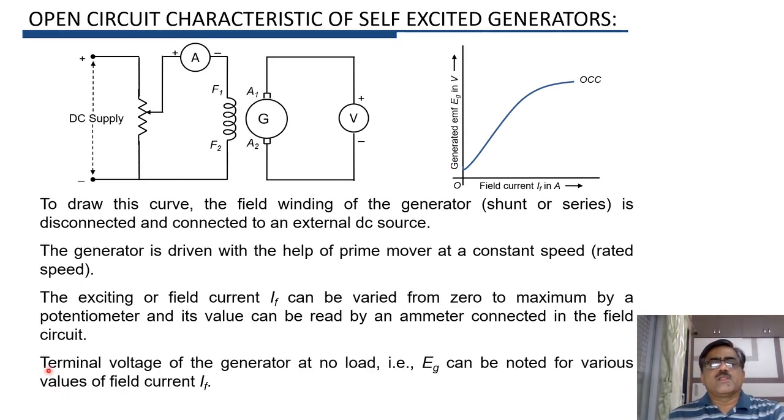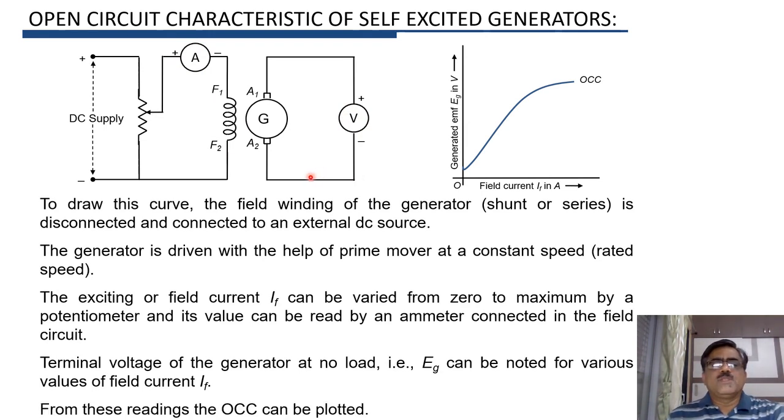Now the terminal voltage of the generator at no load, which is nothing but the generated EMF EG, can be noted for various values of field current IF. So this field current IF is increased in steps, and for each IF the corresponding value of generated EMF is noted.